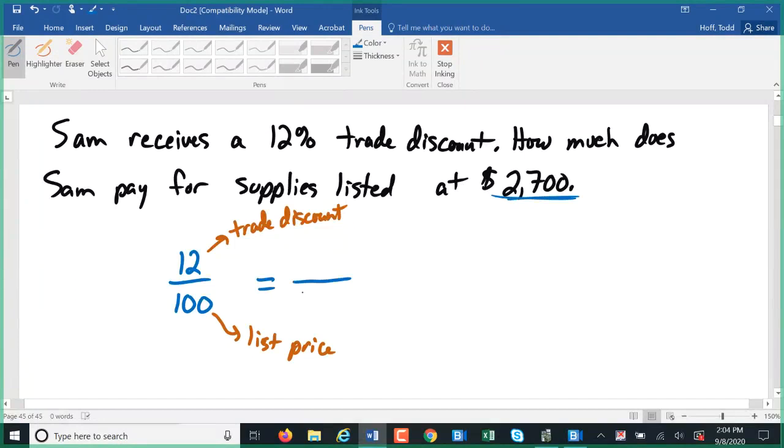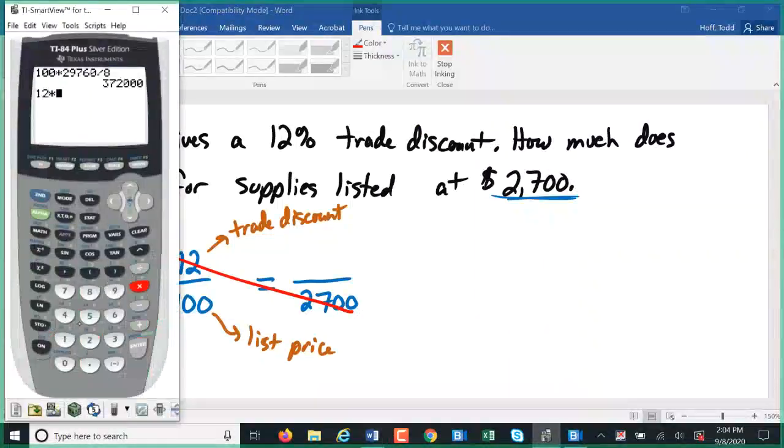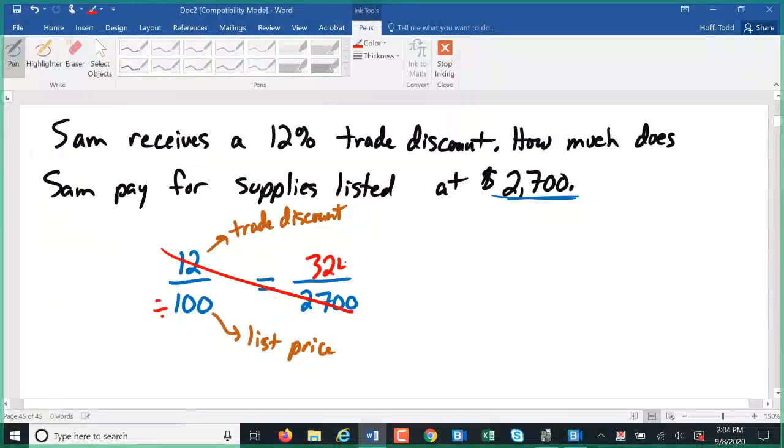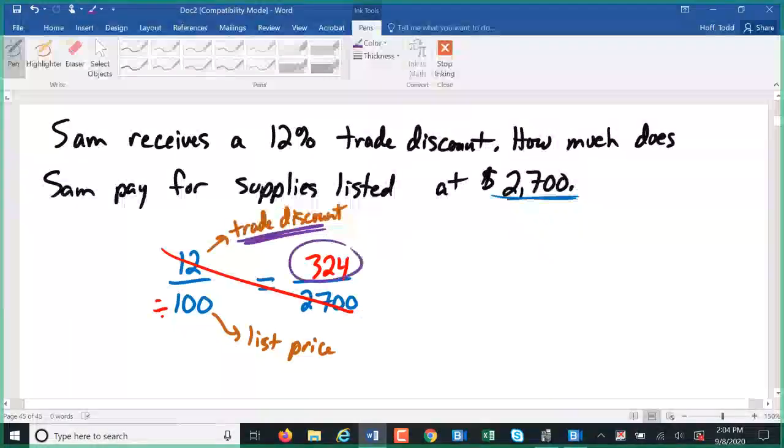That is the list price. That's going to go on bottom. We cross multiply and divide. 12 times 2,700 divided by 100 gives us 324.